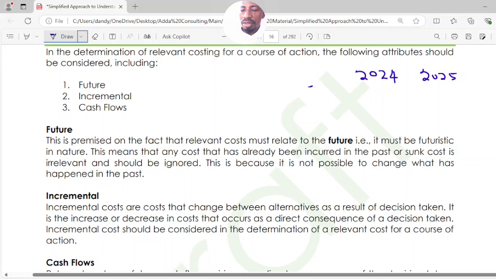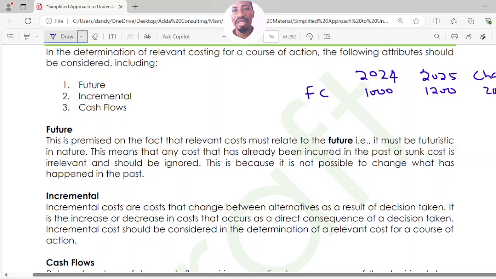Let's say the fixed cost incurred in 2024 is 1,000. In 2025, the fixed cost has increased to 1,200. So what has changed? The change between the two is 200. So 1,000 naira is not relevant. 1,200 is not relevant.